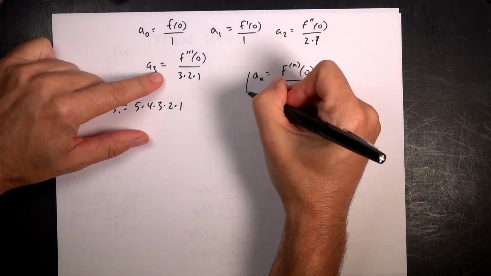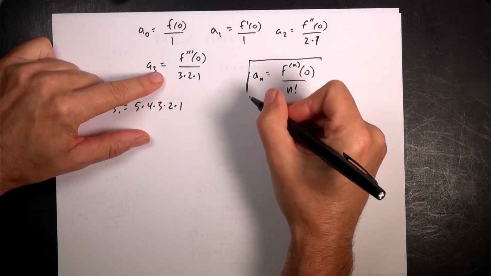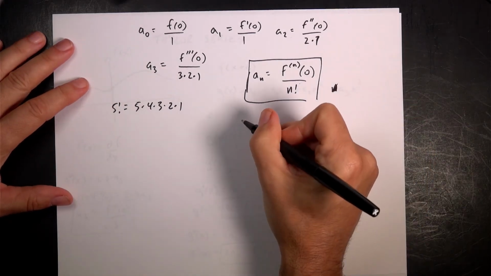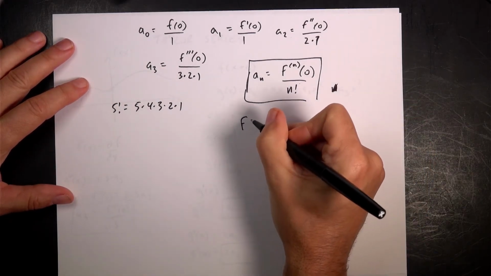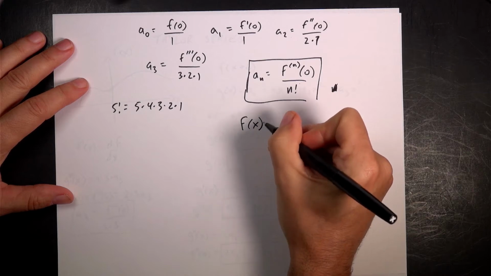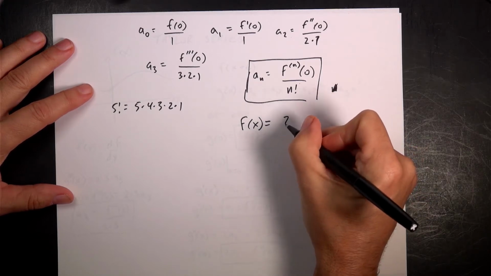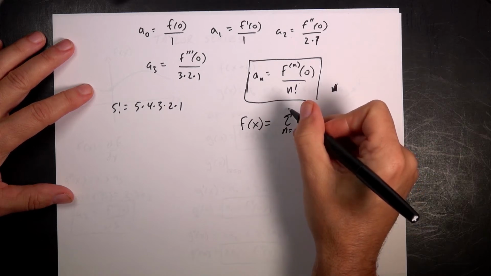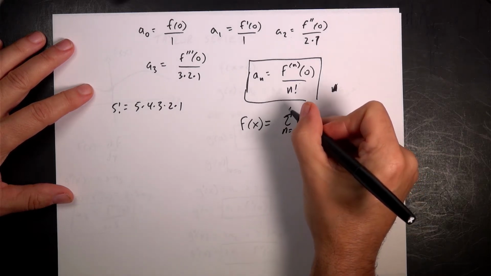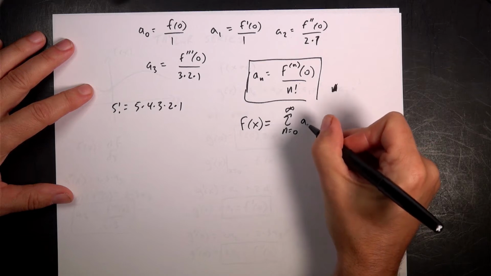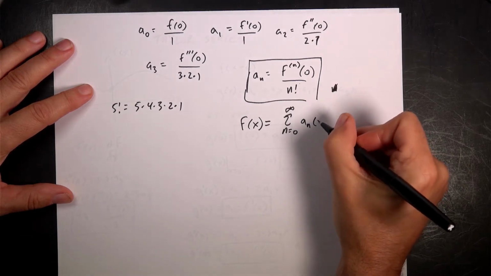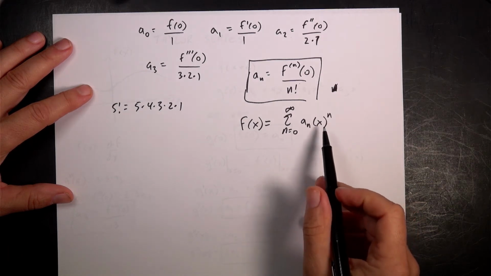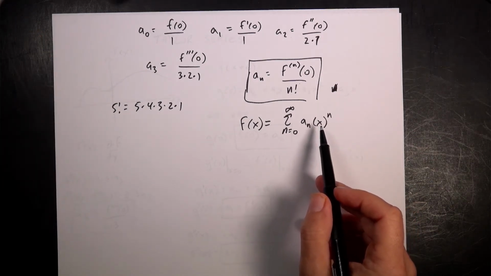So that's my general function for an. That's the nth derivative at 0. And then I could also say f of x is equal to the sum from n equals 0 to infinity of an x to the n. That's my polynomial right there.